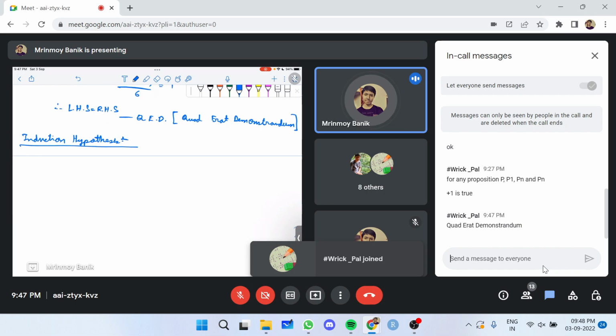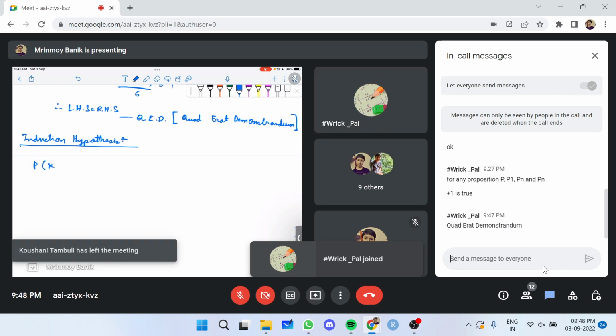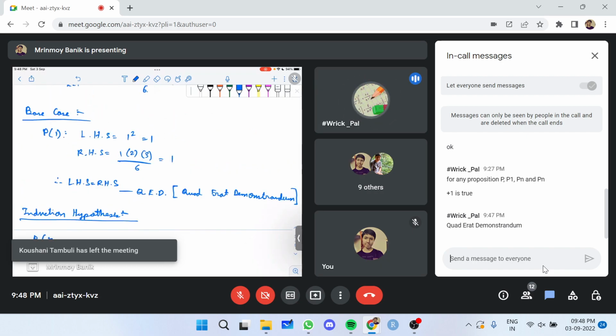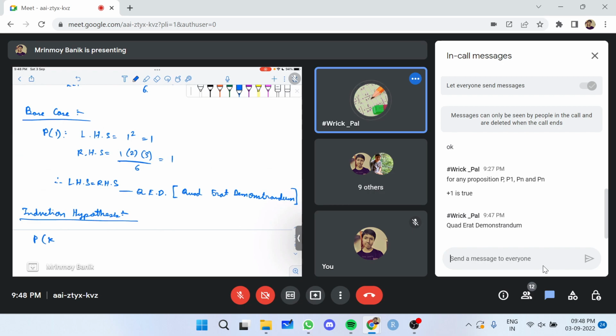So induction hypothesis, we assume Pk. Can you hear me? Yeah, I can hear you. Yes, Rick. Yeah, there was a mic issue, so that's why I couldn't talk. So actually, I found out that this keyword QED means that whatever I wanted to justify, the statement, we have got it. So that's the meaning of this word QED.